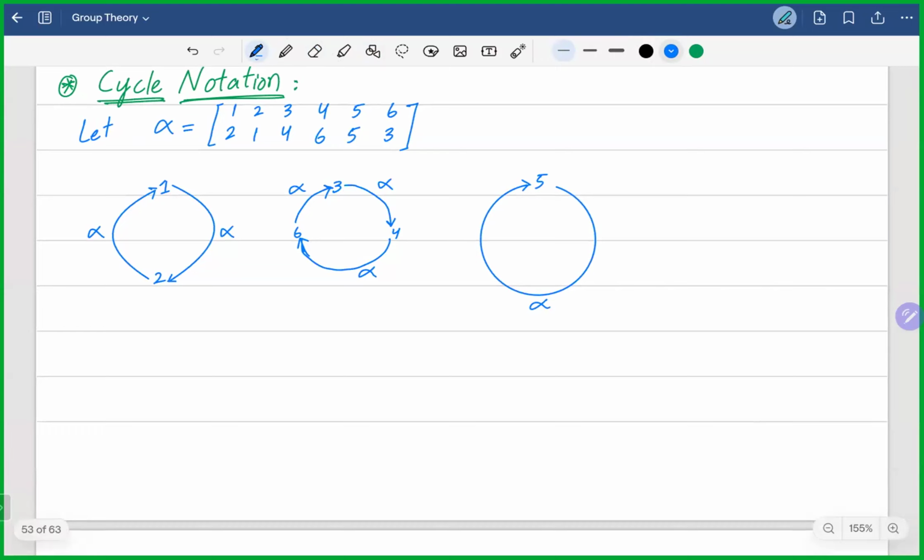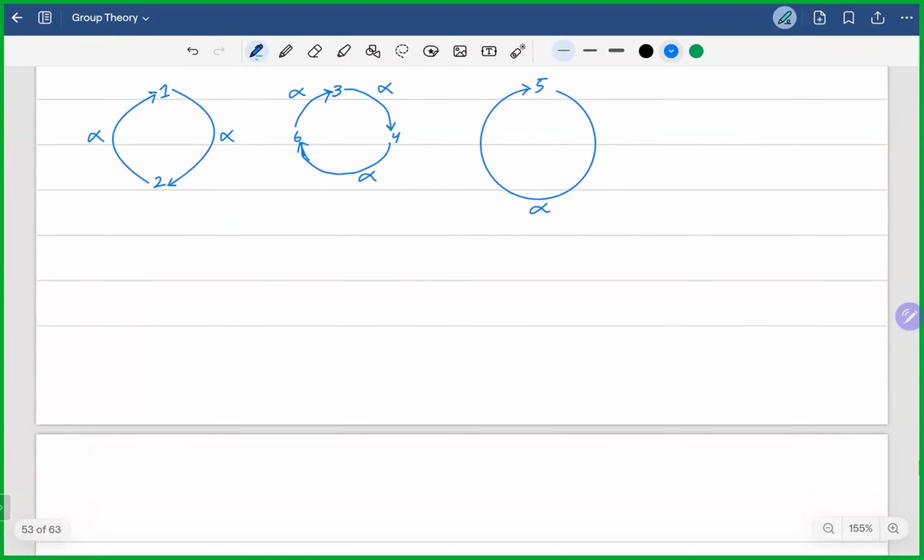Although this is mathematically satisfactory, such diagrams are cumbersome. They are very hard and time-consuming. So instead, we leave out the arrows and simply write 1, 2, and then 3, 4, 6.